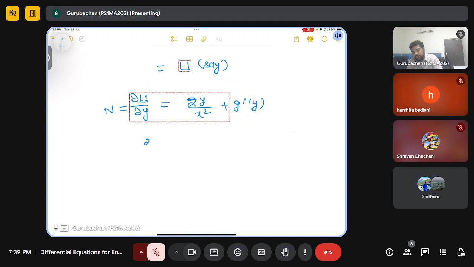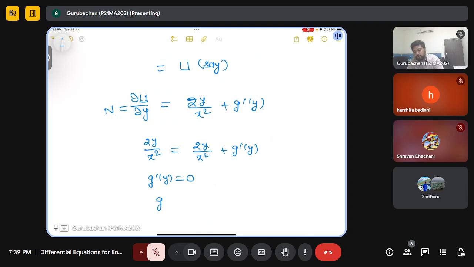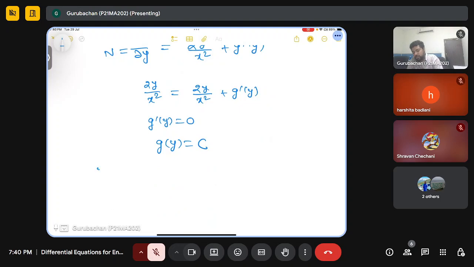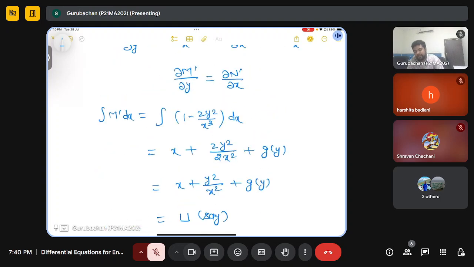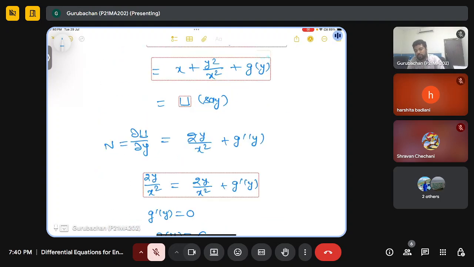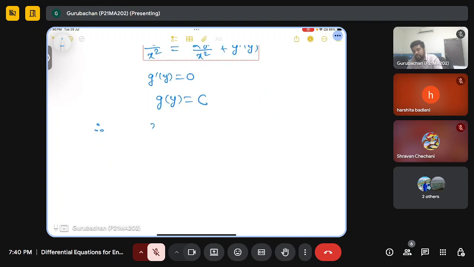So 2y by x square is equal to 2y by x square plus g dash of y. So g dash of y is equal to 0. G of y will be equal to some constant. Therefore, the solution will be x plus y square by x square plus some constant is equal to 0.